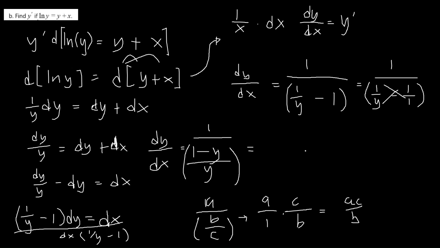The 1 is going to be your a, y will become your c, and 1 minus y will become your b. So this becomes 1 times y over 1 minus y, which is y over 1 minus y.